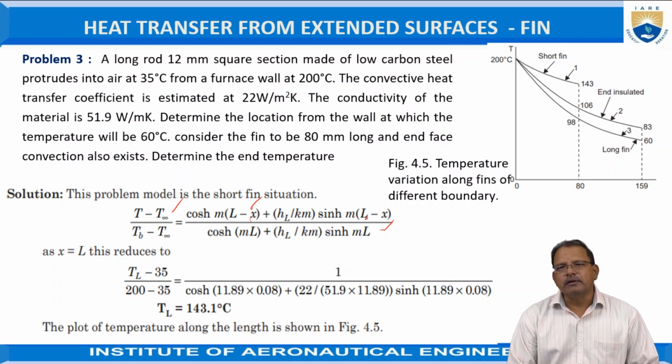Substituting L = 80 mm, x = 80 mm, it is reduced to cosh(11.89 × 0.08) in the denominator plus hL = 22 divided by k, the thermal conductivity, times 11.89, sinh(11.89 × 0.08). From this relationship we got T_L equal to 143.1 degrees centigrade.